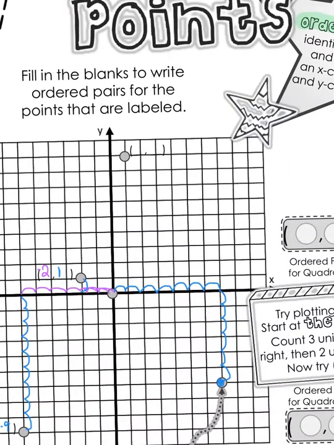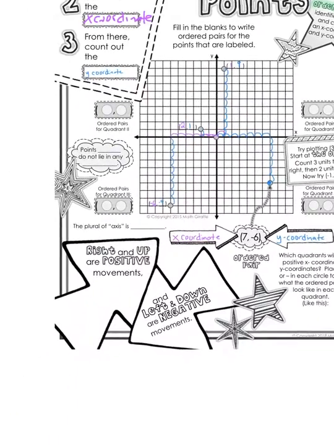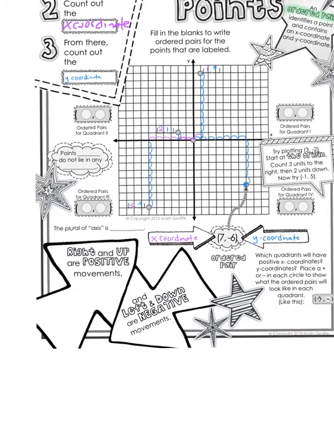On this last point, I'm going +1, and then from there, 1, 2, 3, 4, 5, 6, 7, 8, 9, and +9 because we went up. So down here, we want to remember that right and up are positive movements and left and down are negative movements.